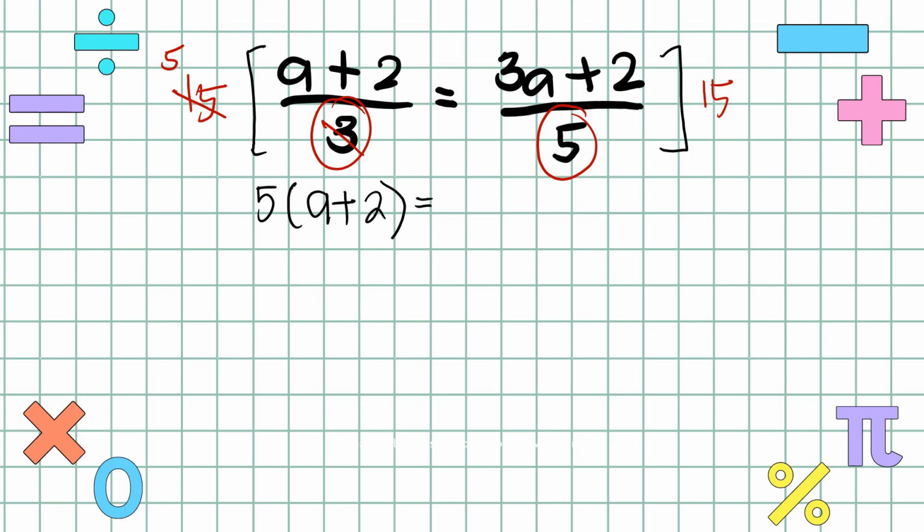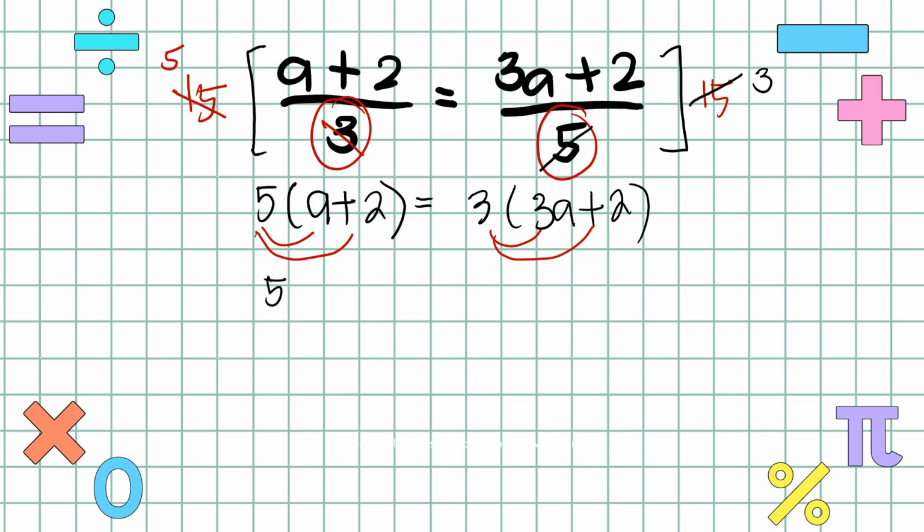And then the other one is 3a plus 2 over 5 multiplied by 15. We can cancel again the 15 and the 5, and 15 will be left with 3. And we'll have 3 times 3a plus 2. Now to continue, if you can remember the distributive property, which we need whenever we see a term multiplied by a term written together with a grouping symbol, it means multiplication.